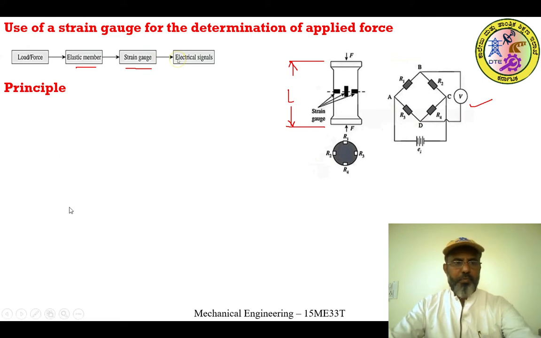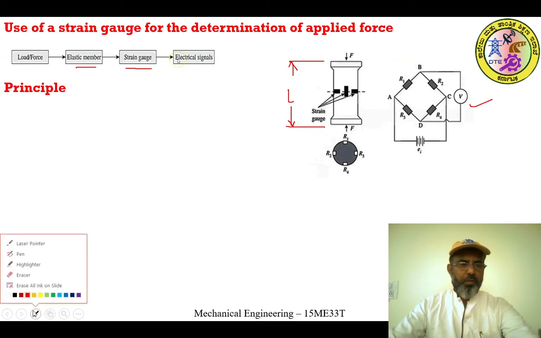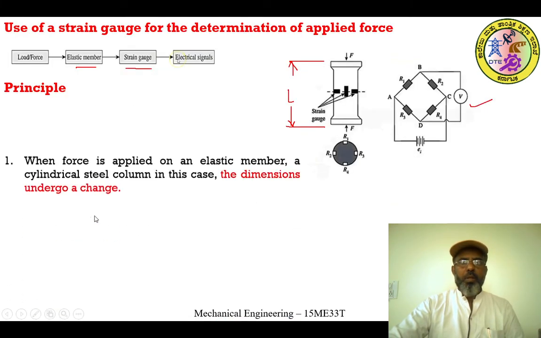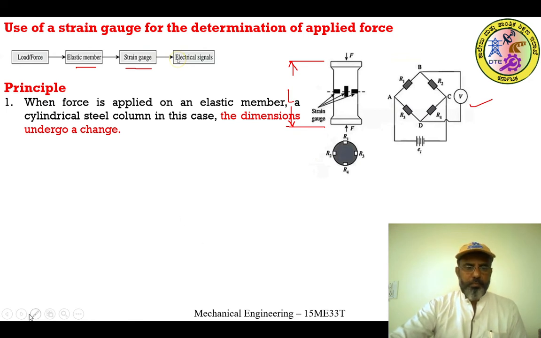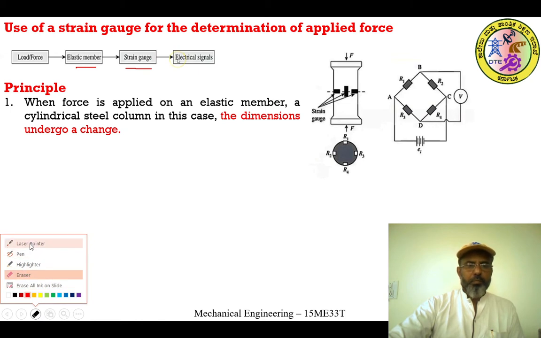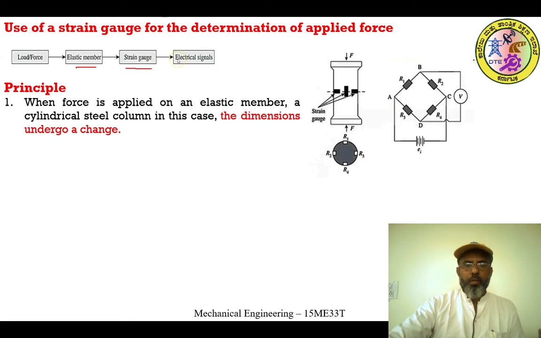Now, coming to the principle of strain gauges, you should remember that when a force is applied on the elastic member, here generally in the case of a strain gauge type load cell, the elastic member is a cylindrical steel column.